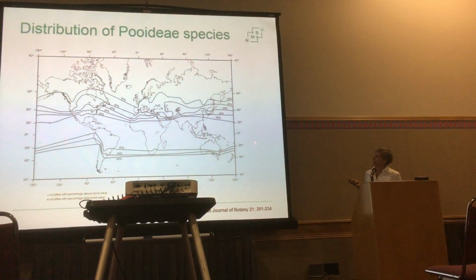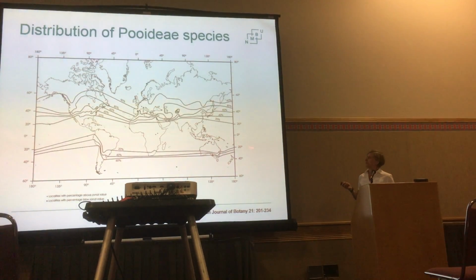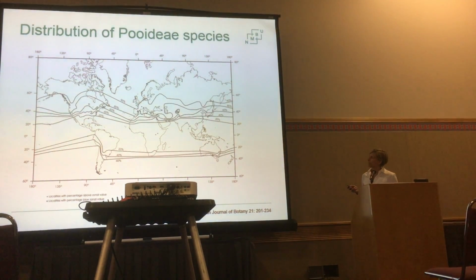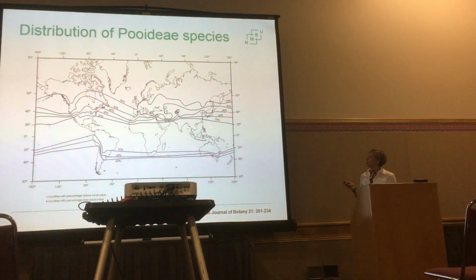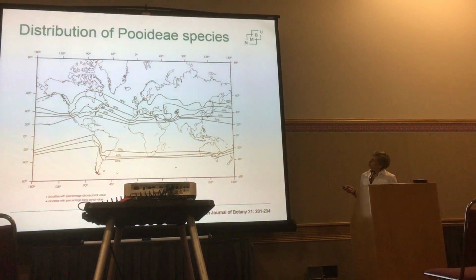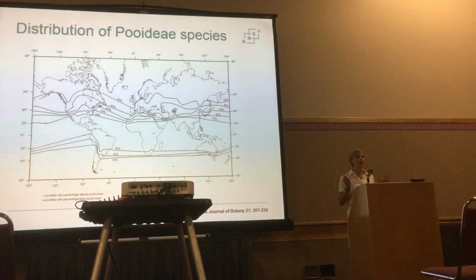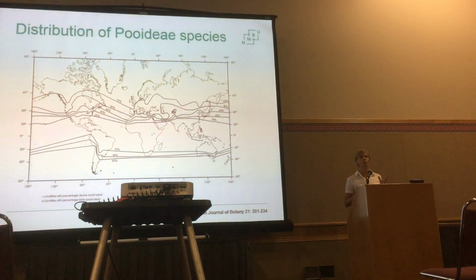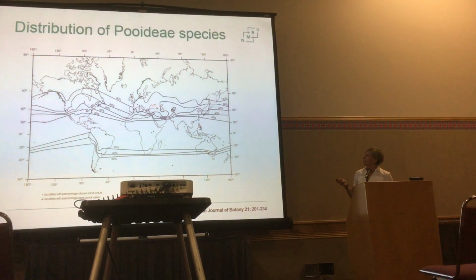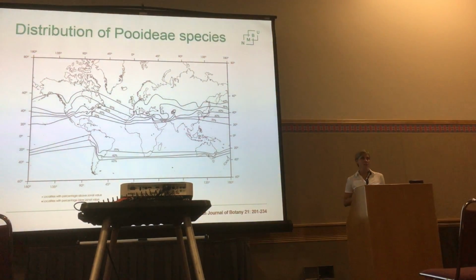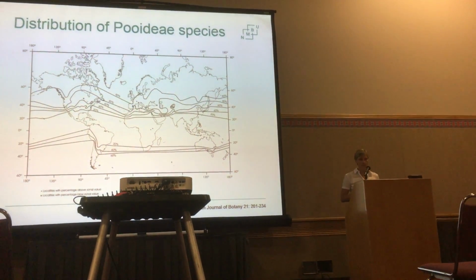You have seen this a couple of times already today, but this shows the distribution of Pooideae species as a percentage of the total grass flora. If we travel to Norway, where I'm from, and go out and sample grasses, 90% of those species will be Pooideae species. But if we go further down to the tropics, there are hardly any Pooideae species at all.